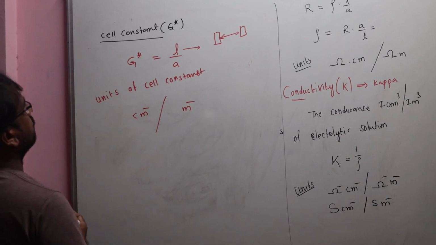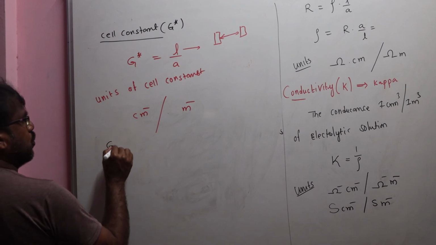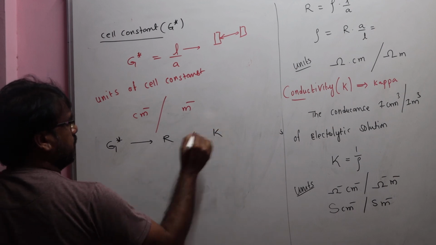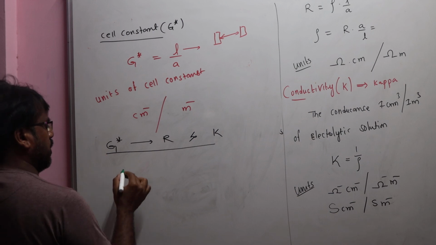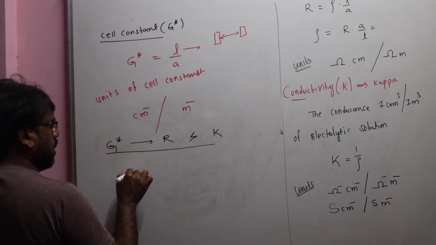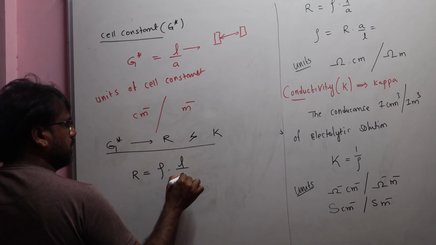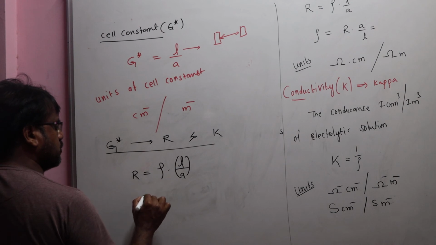And next, we have the relation between cell constant, resistance and conductivity. Actually we can write R is equal to rho into L by A. In place of L by A we can substitute G star.